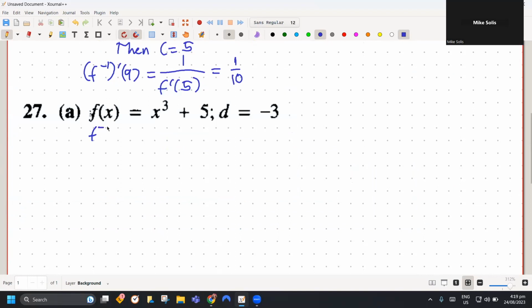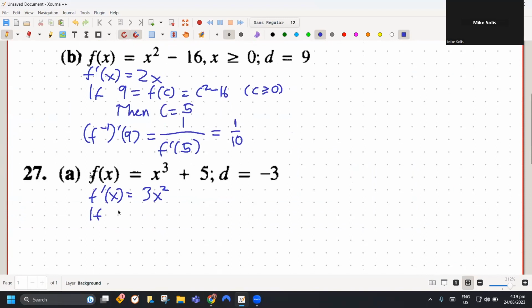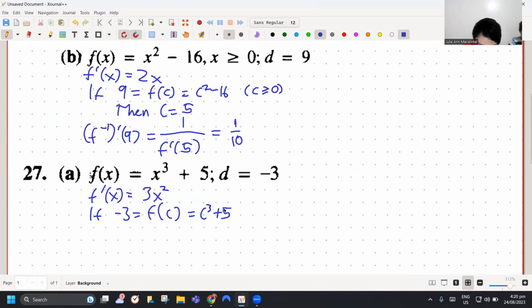So prime of x is, so if it is negative 3, just cubic. So c cube.